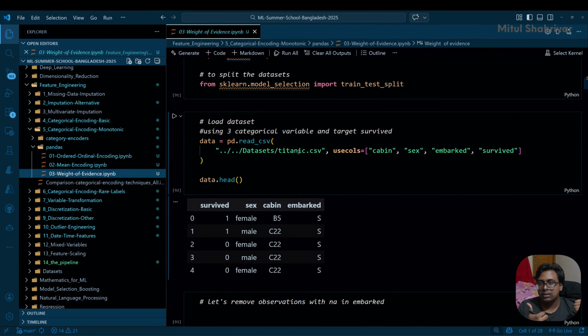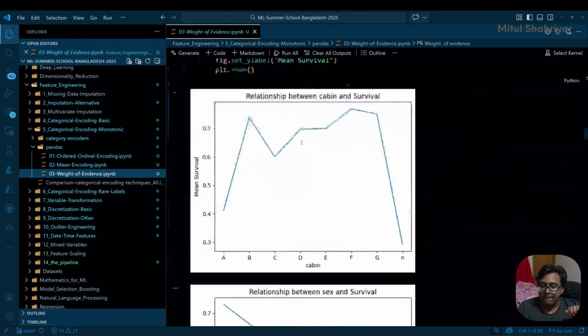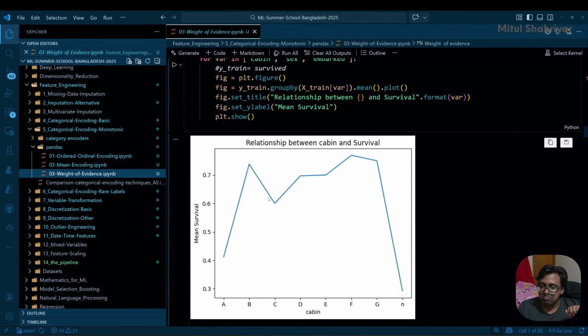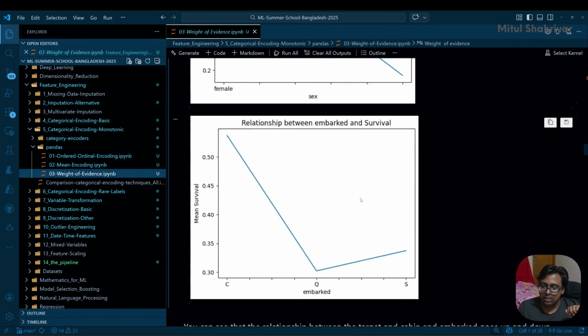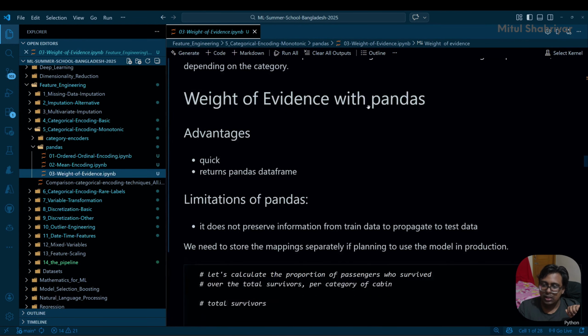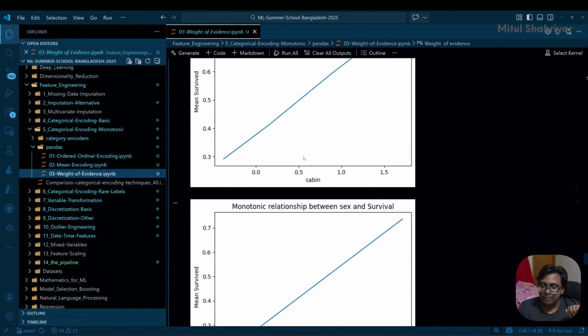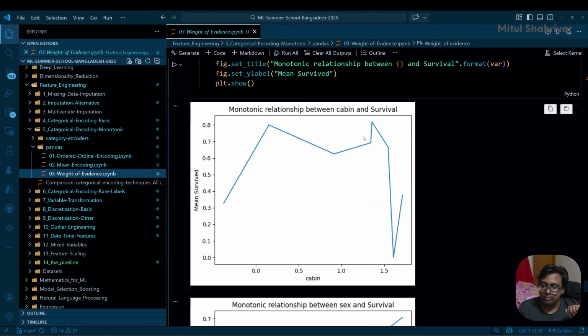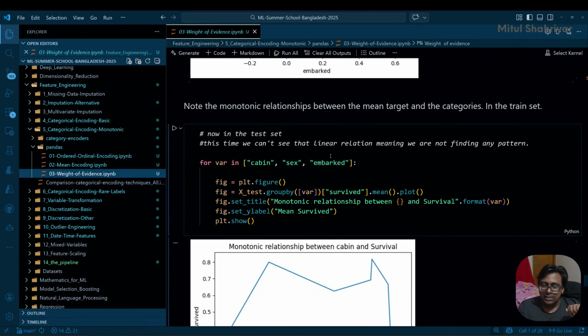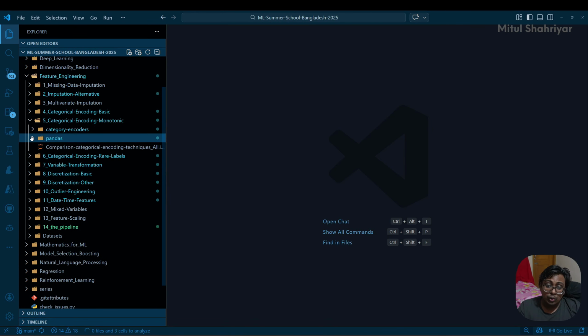Survival means death and living as well, so positive and negative. You can see before, not a good relationship, decreasing and increasing. After weight of evidence, you can see increasing. Great. And this is for the test data, so we're not interested, it will be the same. So using all of these three techniques, we got some good results. We have some good connection between them.